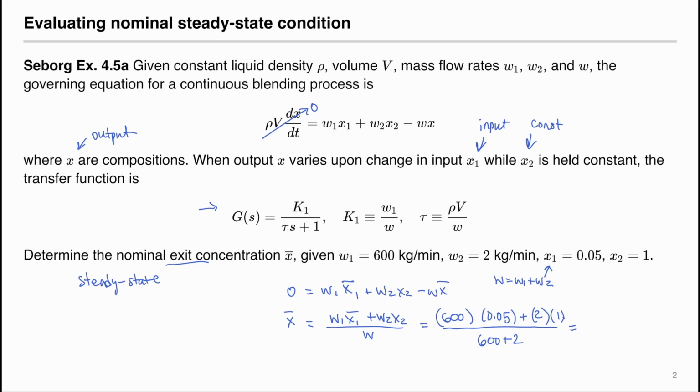And finally, we get a numerical answer of 0.05. Notice that the unit of kilograms per minute cancels from top and bottom, giving us a composition.